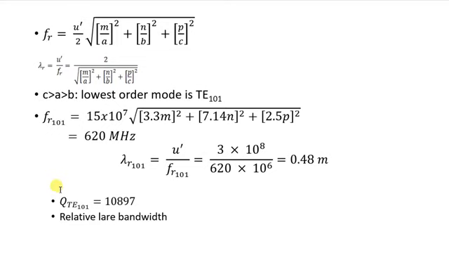We have a quality factor of about 1100. This quality factor is not as big as expected because we have aluminium foil, which is not a perfect conductor, but it provided us a relatively large bandwidth.